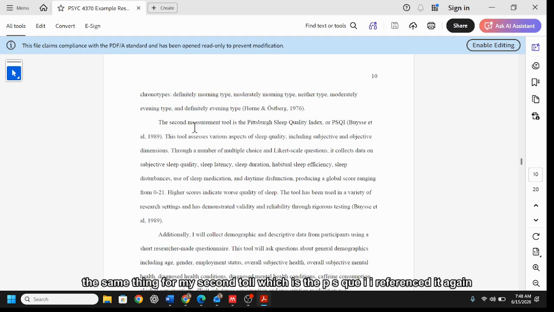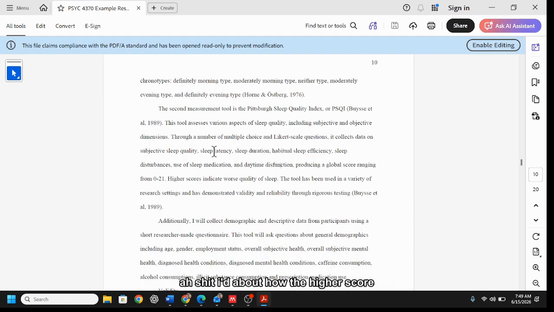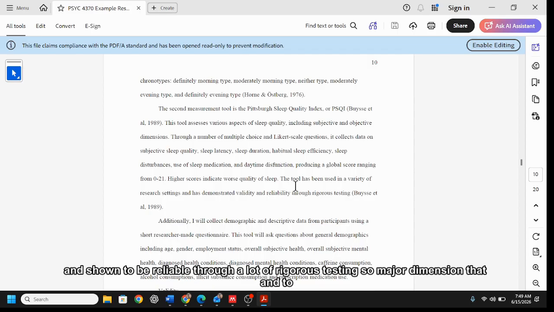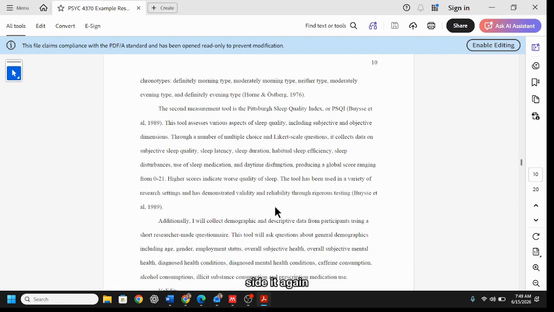I did the same thing for my second tool, which is the PSQI. I referenced it again, and then I talked about the same information. I also talked about how a higher score tells me that your sleep quality is worse. Okay, and it's been thoroughly validated and shown to be reliable through a lot of rigorous testing, so I made sure to mention that and to cite it again.